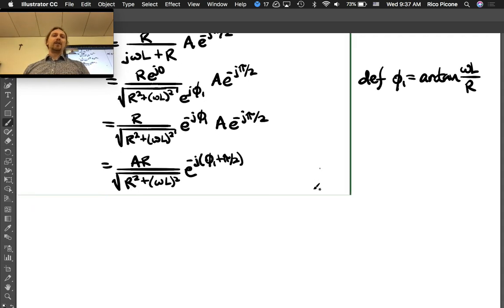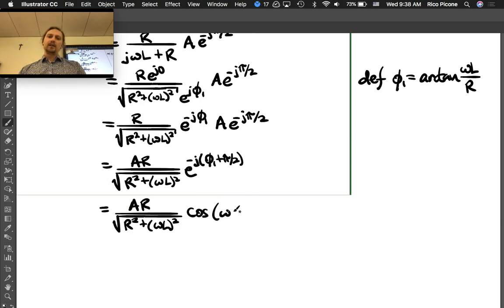So we know that this is equal to, in trigonometric form, AR over, whoa, that was a big one, over square root of R squared plus omega L squared times cosine omega t minus phi1 minus pi over 2. Good.